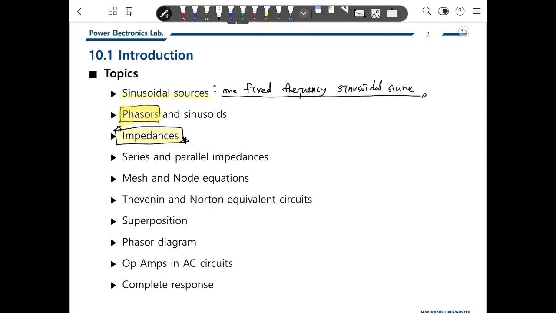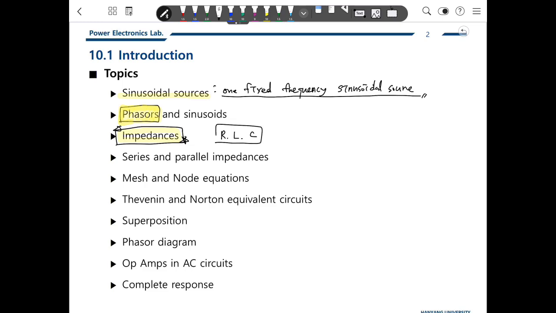Actually, in the time domain, in circuit theory first, there are three passive elements, R, L, C. In the viewpoint of frequency, R, L and C are the same passive component. I mean, actually, it's not the same; R, L and C each have their own characteristic, so they are different elements.